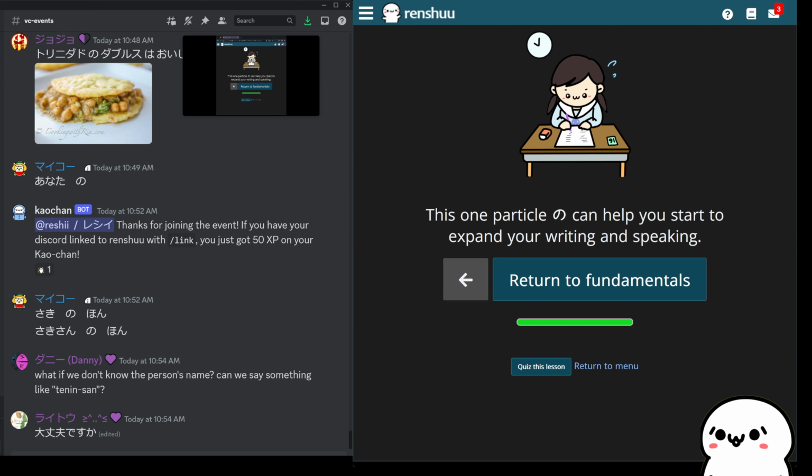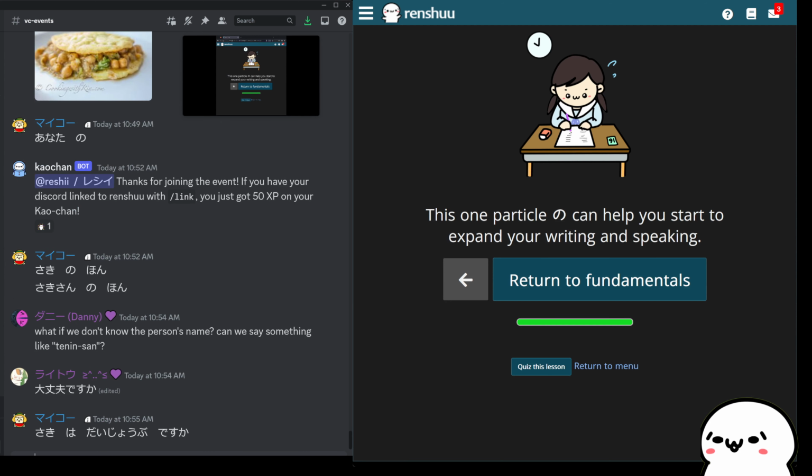I realize that this is adding grammar that we haven't learned yet, but Raito gave a good example. Let's say I'm talking to my wife and I'm asking if she's okay. To ask someone if they're okay, you say, 大丈夫ですか? Daijobu is okay, and the ka on the end is the question marker. We haven't learned that yet, so just put that to the side.